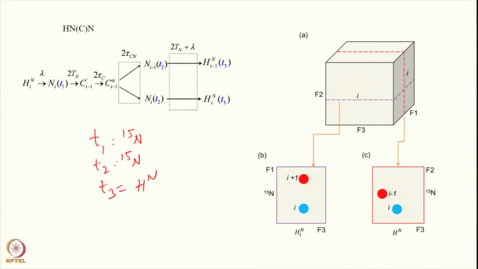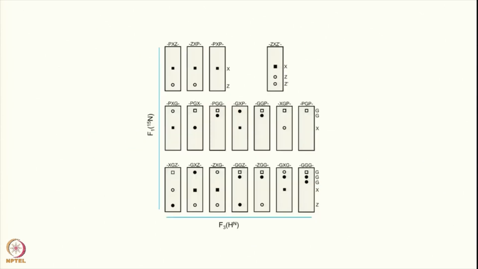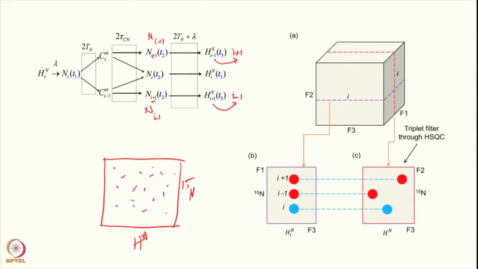Maybe I should also write that here. So here also T1 is N15, T2 is also N15, and T3 is amide. Therefore you will have 3-dimensional spectra in this manner.